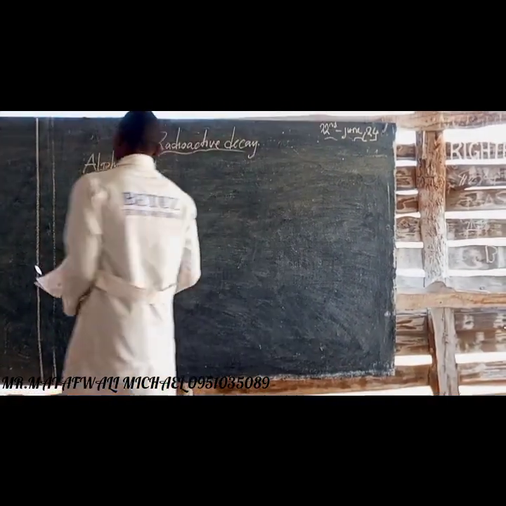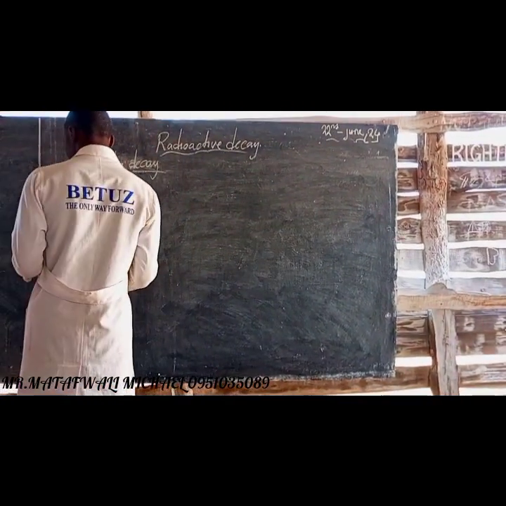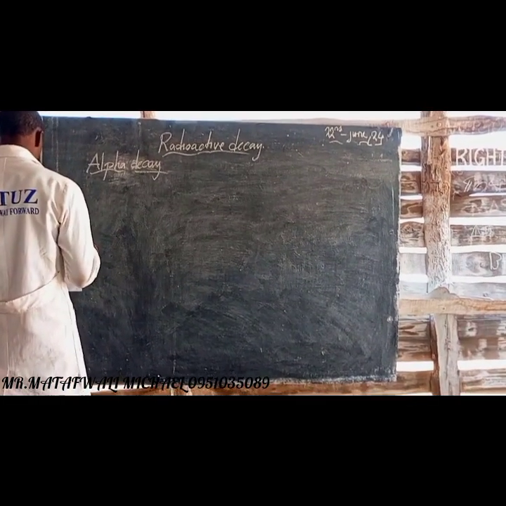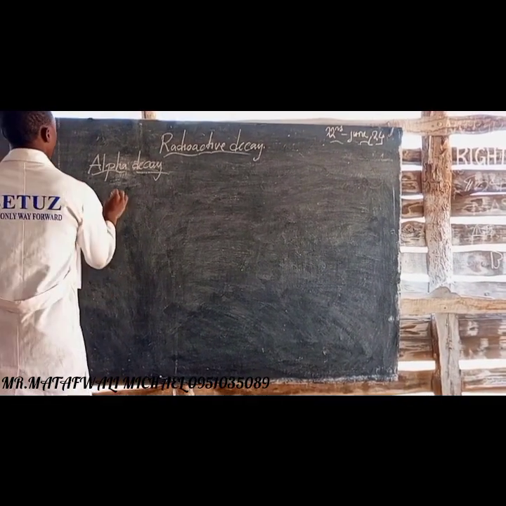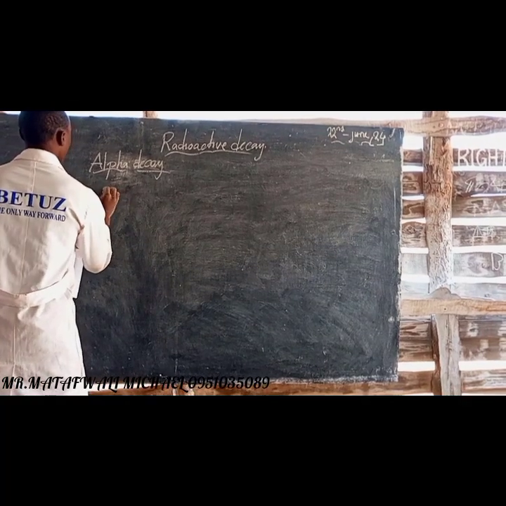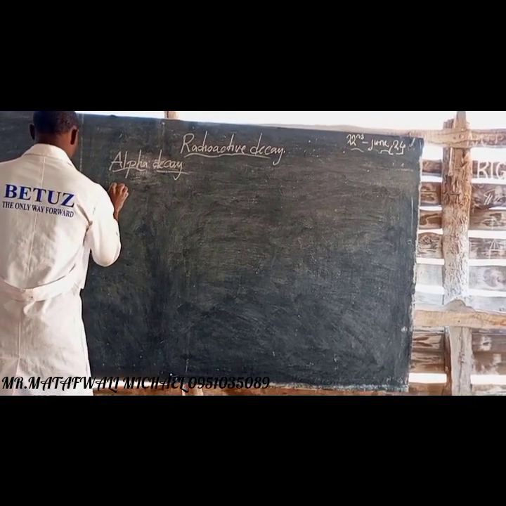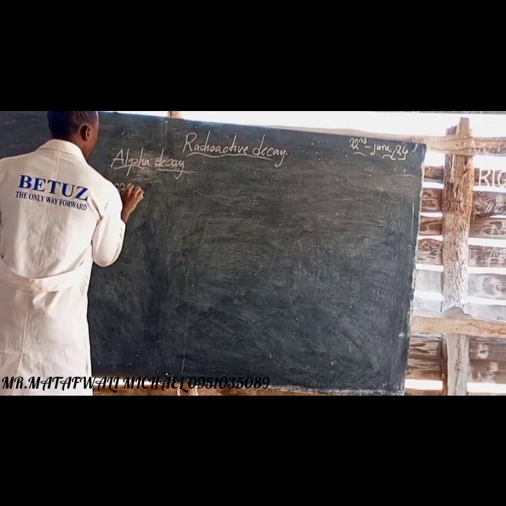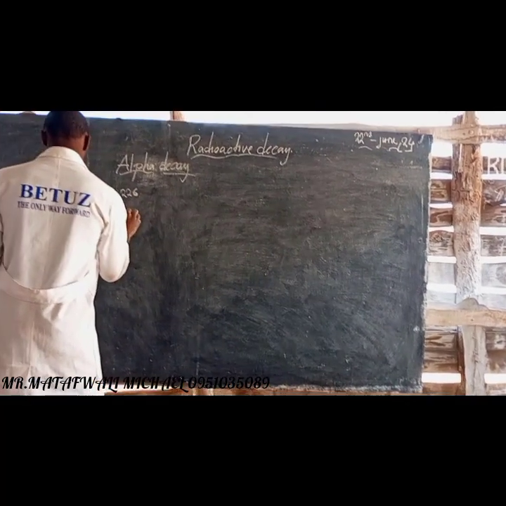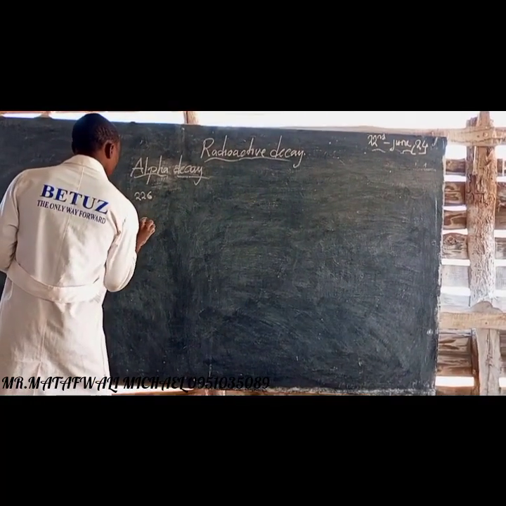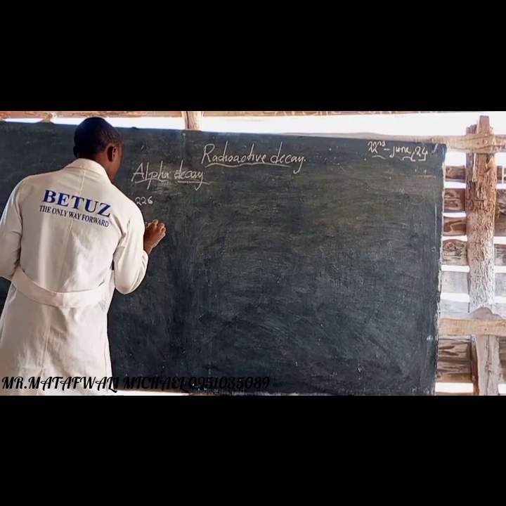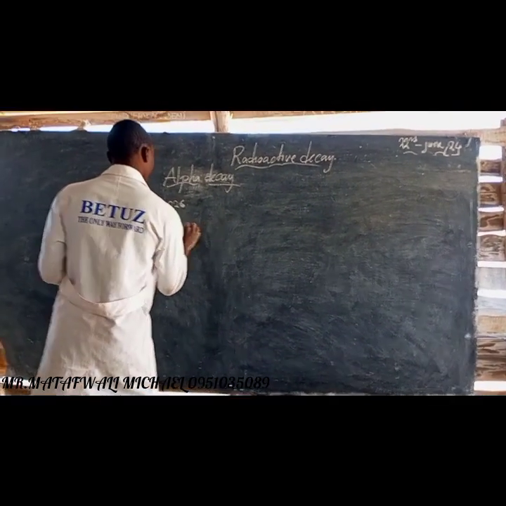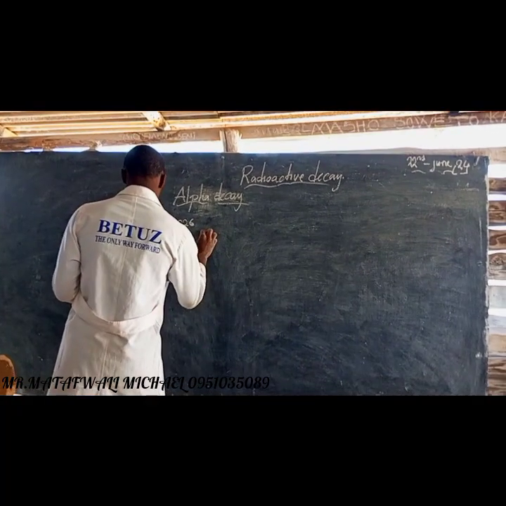I'll give an example of this element, which is radium. You will find it on the periodic table. Here we have 226 as the mass number, then here 88 as the proton number.